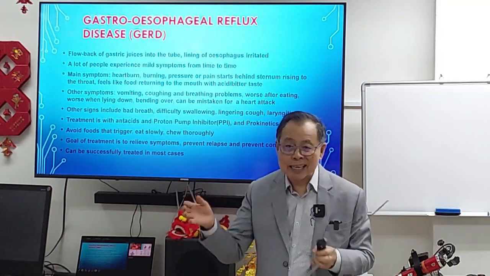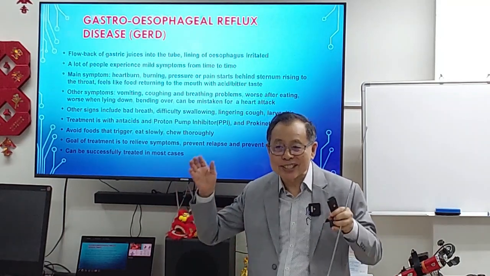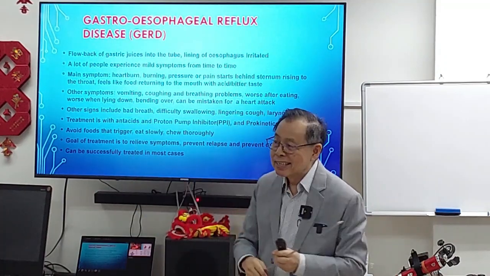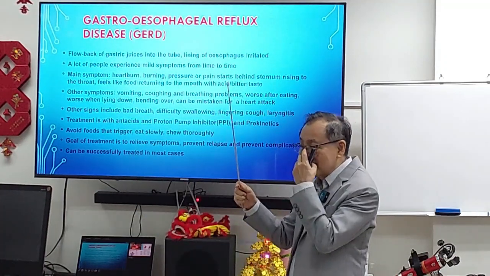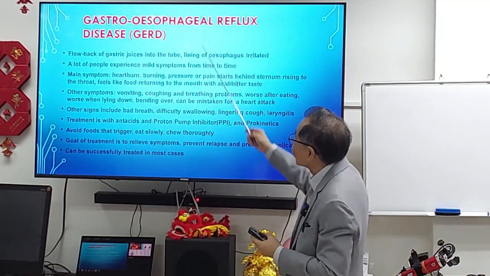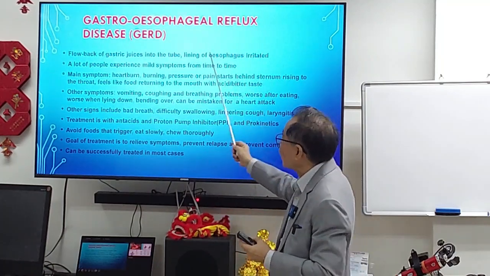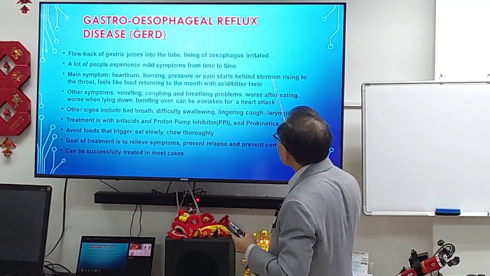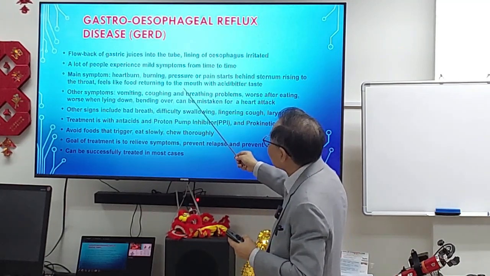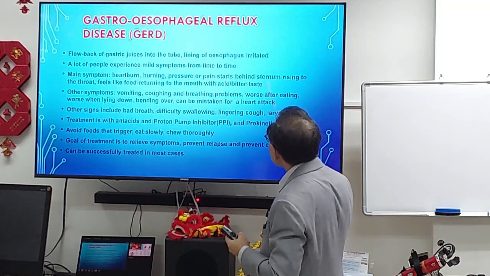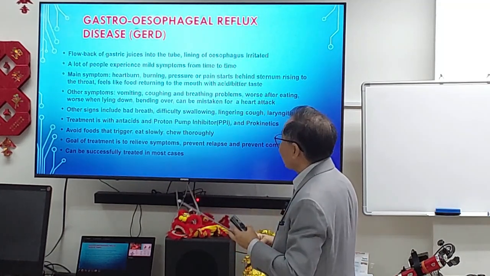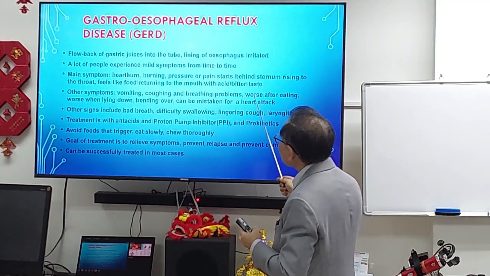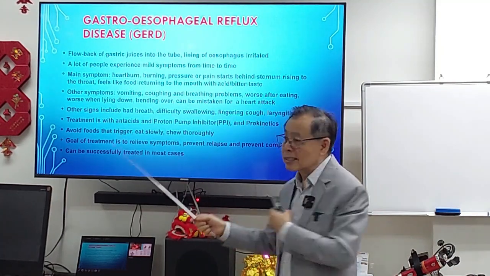And sometimes, like I say, you have more than one condition coexisting together. You can be having gastric and have a heart attack. Or you can have just a gastric that gives rise to GERD or whatever. And the thing is, if you have food with the acid taste, obviously from your stomach, it's behind the sternum.